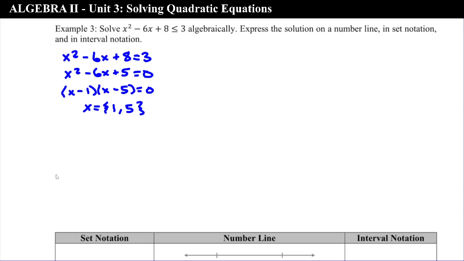So now we're going to do our test number line. And so we've got 1 here, and we've got 5 here.